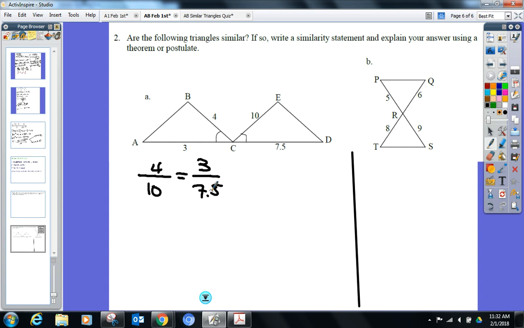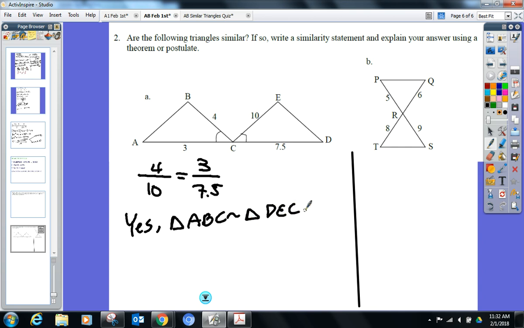And what are you finding? Are they the same ratios? Yes, they are.